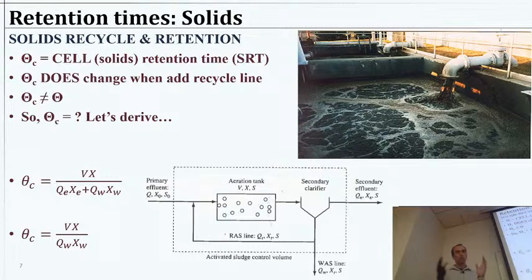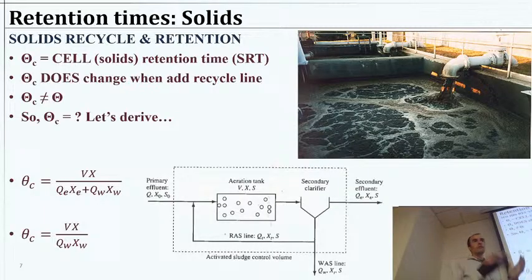So we want to know how long are the cells staying in there. How are we controlling that? Well, to get theta C, and this is for cells, not water here, we sometimes will call this SRT, solids retention time. It's not going to be equal to theta, so keep that in mind.